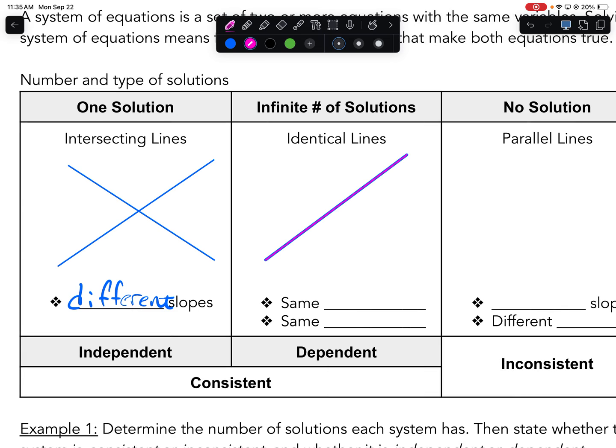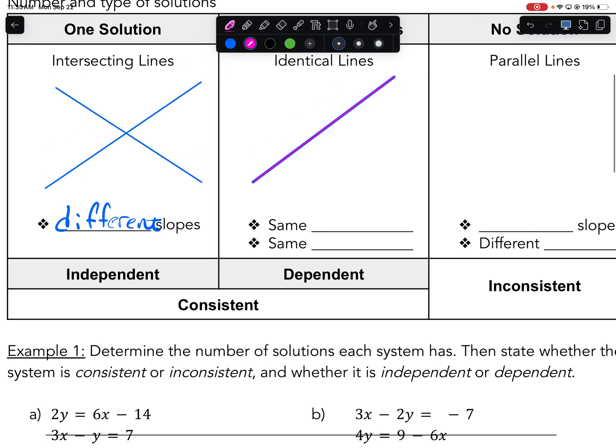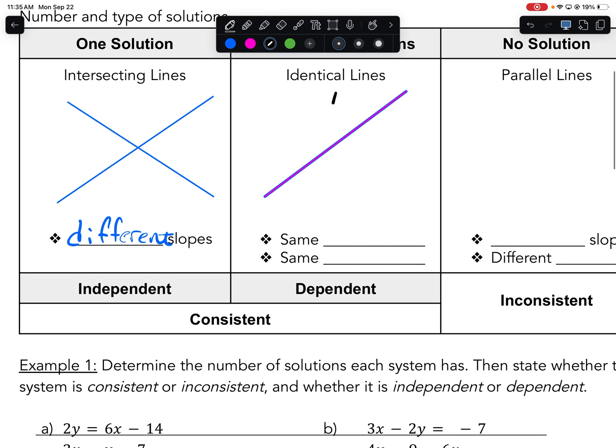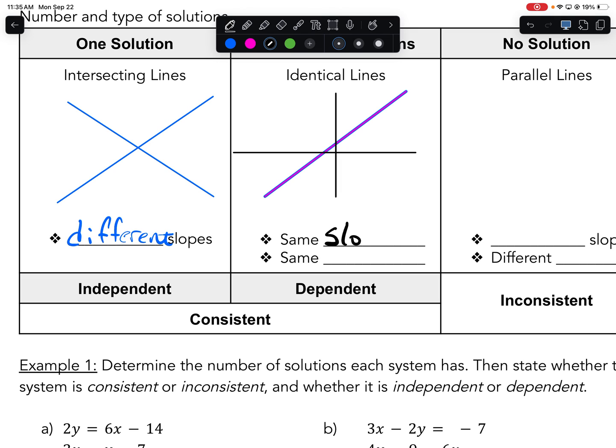So they have the same what? Slope, and let's draw a little coordinate plane here. They have the same slope. What else is the same? Y-intercept. Excellent. Right, the y-intercept is where it crosses the y-axis.